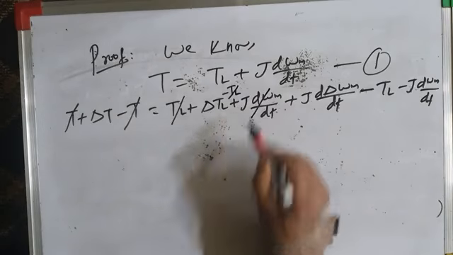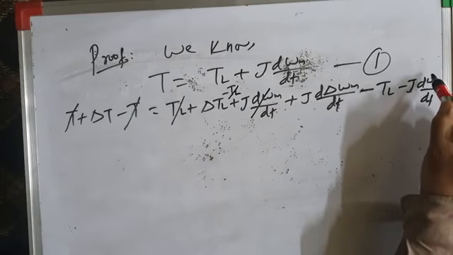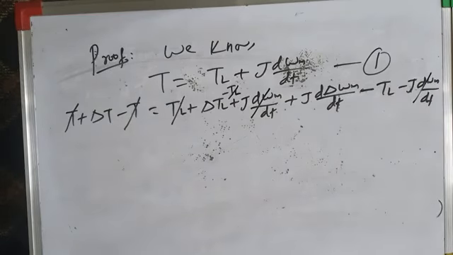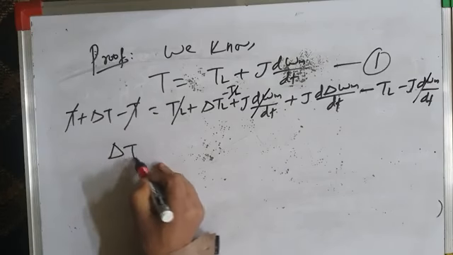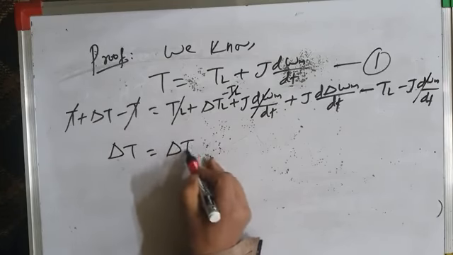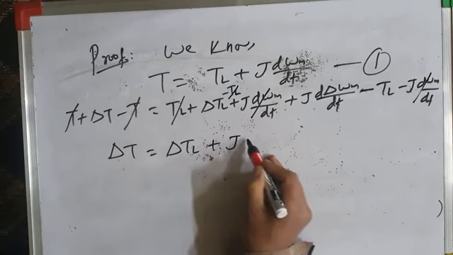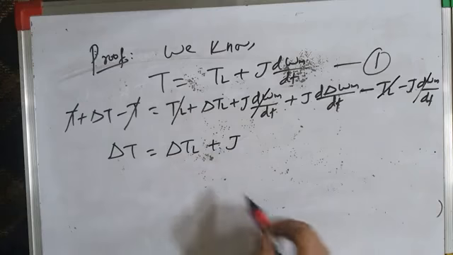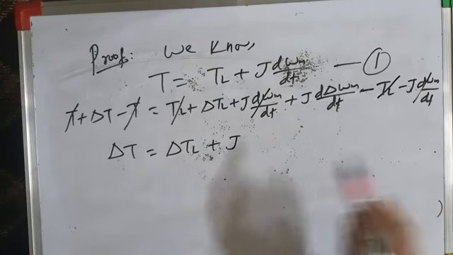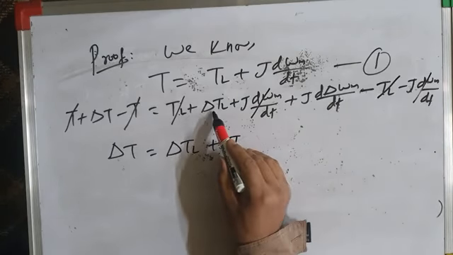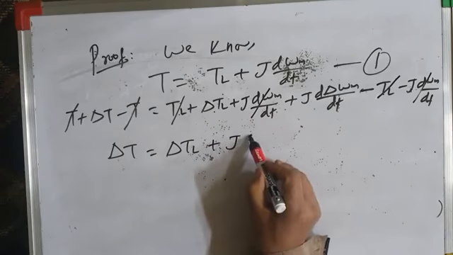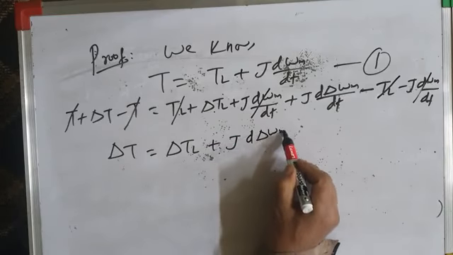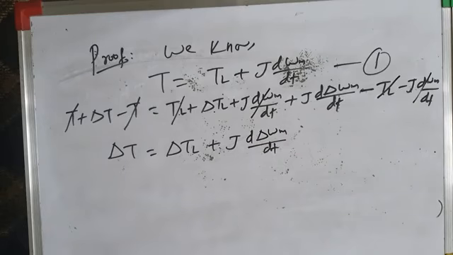J d omega m by dt minus J d omega m by dt will add up to 0. So what do we get? Delta T is equal to delta TL plus J d delta omega m by dt. So this is what we get.